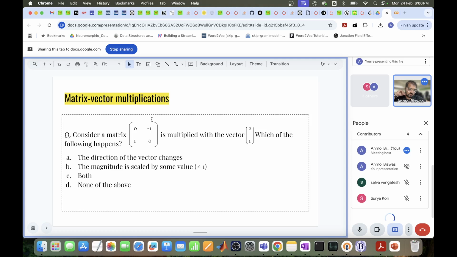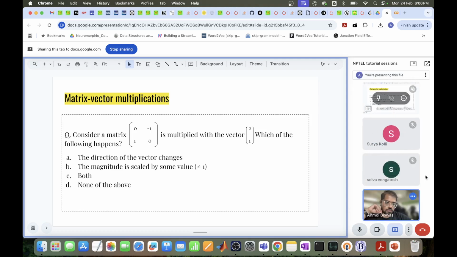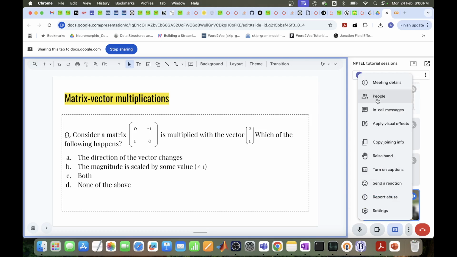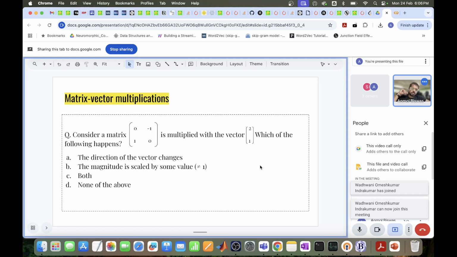Obviously, the action does not really depend on what the vector will be, because irrespective of the vector, the matrix is going to apply the same kind of operation, right?